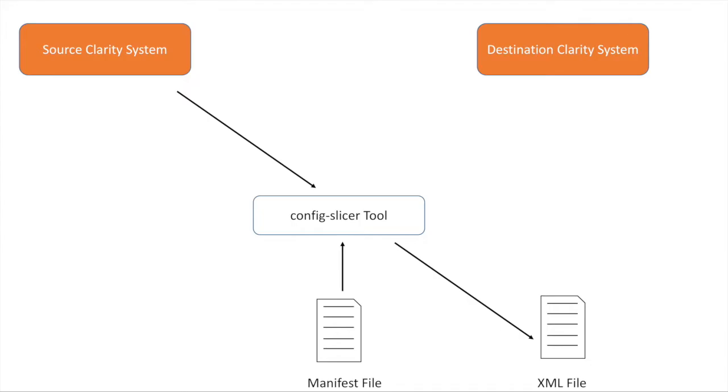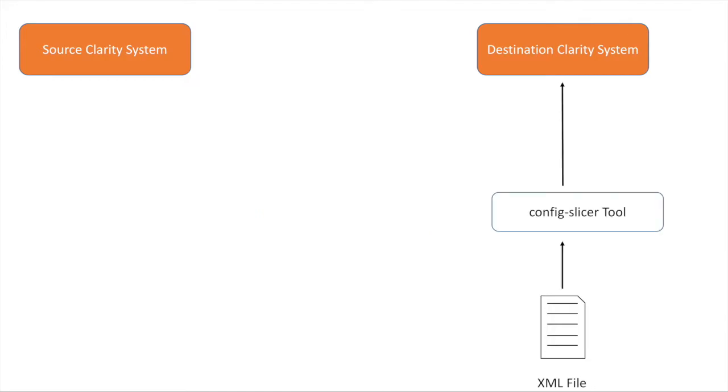This time we point it at the source Clarity system and the manifest file, and then it will actually do the export and give us an XML file. And then in the third pass, we run the config slicer tool, we give it the XML file, and that causes the XML file to be imported into the destination Clarity system. And overall, the workflow has been transferred.